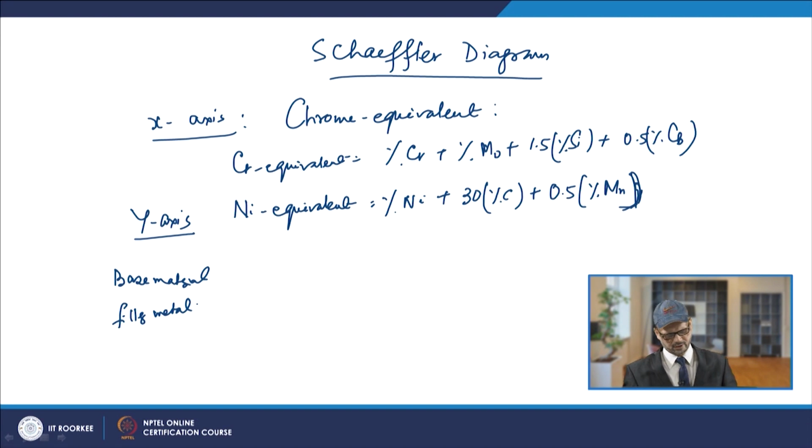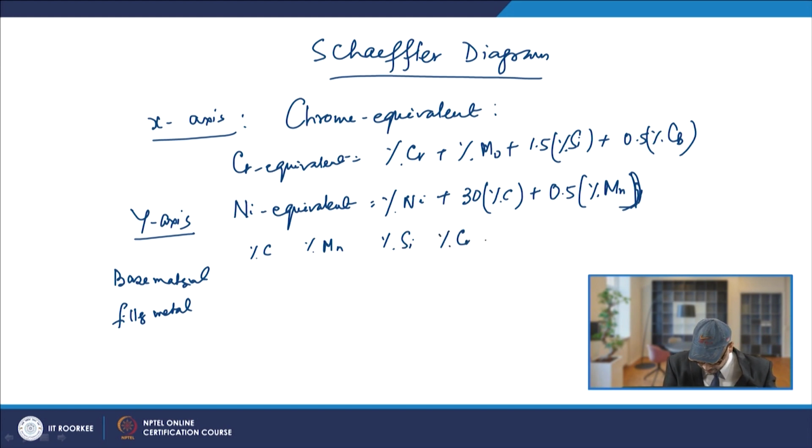Suppose the base alloy composition is like so: you will have percentage carbon, percentage manganese, percentage silicon, percentage chromium, percentage nickel, percentage tantalum and percentage columbium. Suppose for the base metal, carbon is 0.03, manganese is 0.2, so that is 2%, silicon is 1% and chromium is 20% and 8% nickel, and there is no tantalum and columbium.